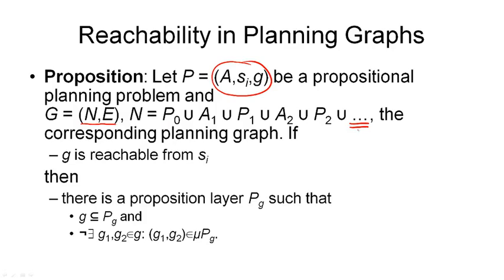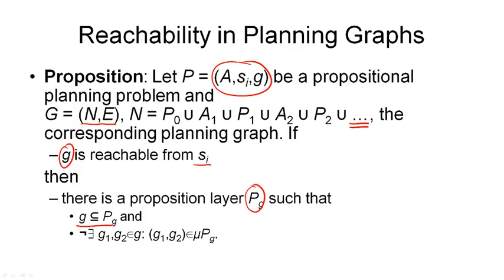If our goal that is part of the given planning problem, the goal G, is reachable from our initial state, then there must be a proposition layer, let's call this layer PG, for which the following holds. The first is that all the goal conditions must be a subset of this proposition layer PG. So if PG was a state, then our goal would be satisfied in that state.